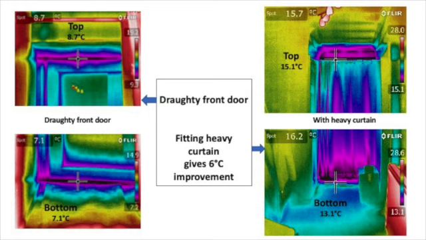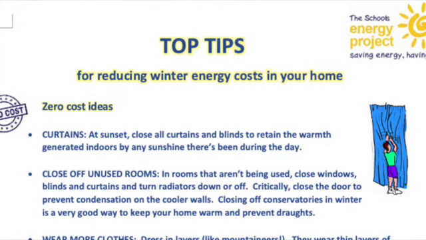All of these improvements and more, such as closing internal doors or closing off the conservatory for the winter, will help reduce the heat lost from our homes. We have a downloadable top tips information sheet available on our website, which provides more suggestions.